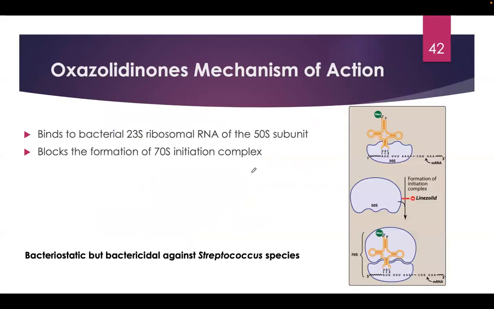Now this is going to work on the 50S subunit, so it binds the 23S ribosomal RNA of the 50S subunit to block the formation of that 70S initiation complex. So again, bacteriostatic, but bactericidal against Streptococcus species.